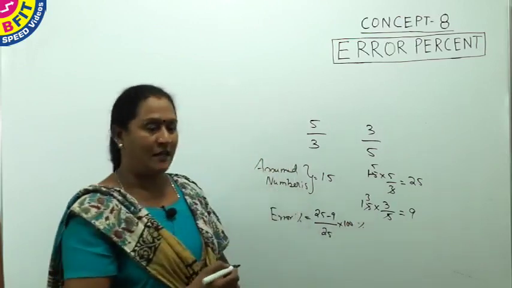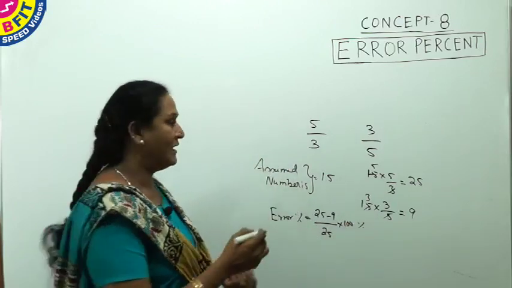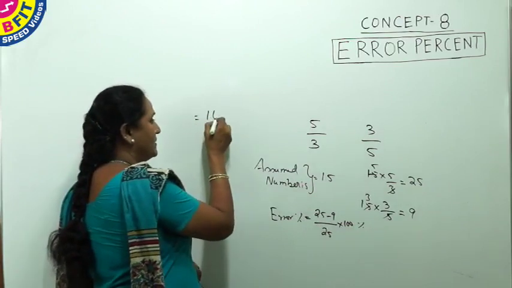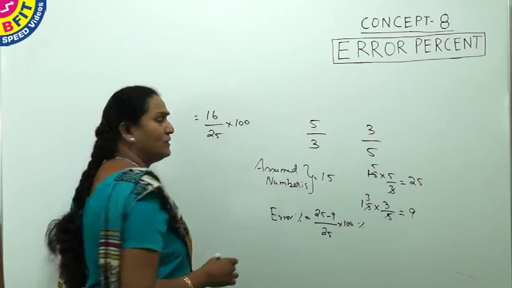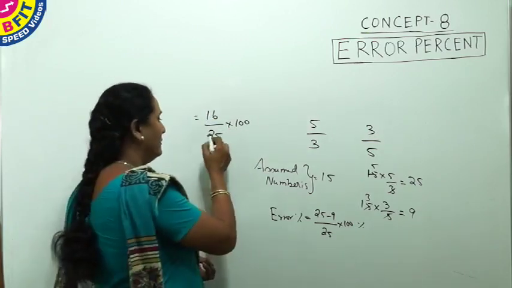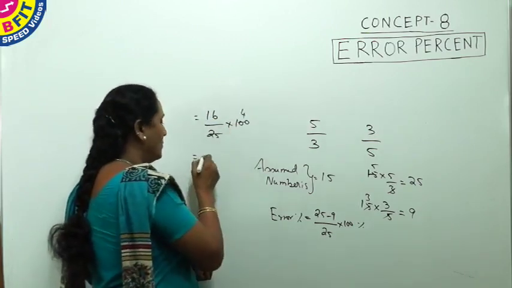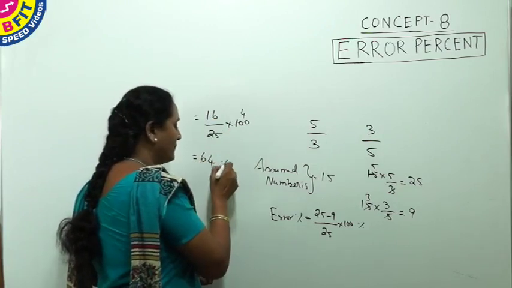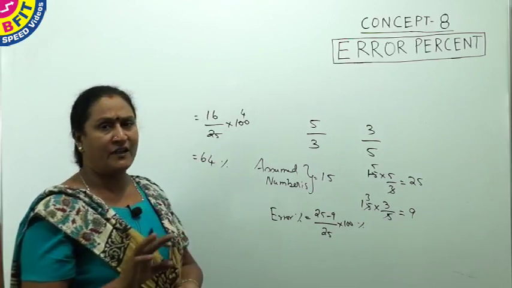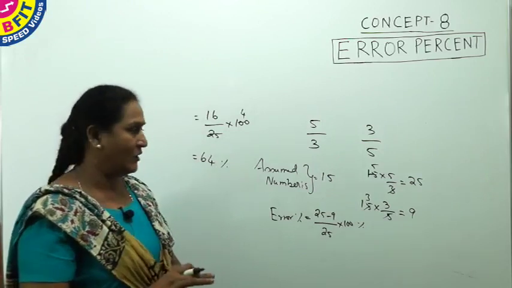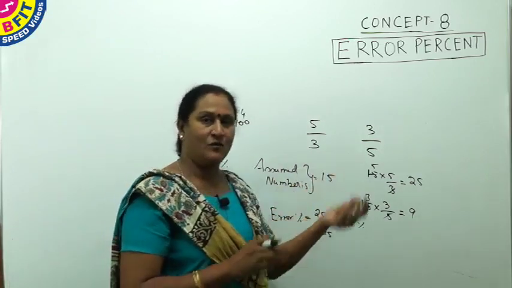So we get the error percentage. 25 minus 9 is 16 by 25 into 100. Now what is the error percentage? It is 64%.